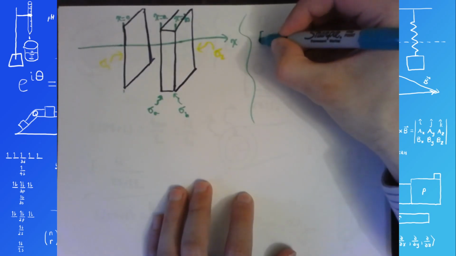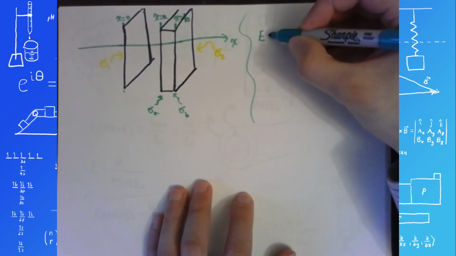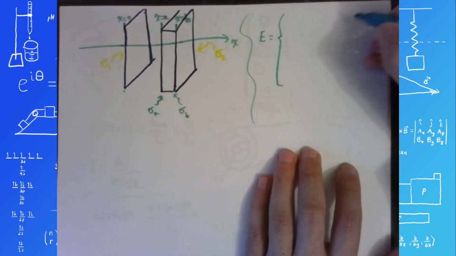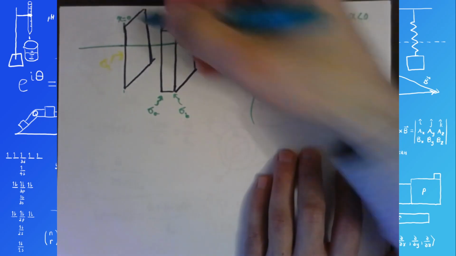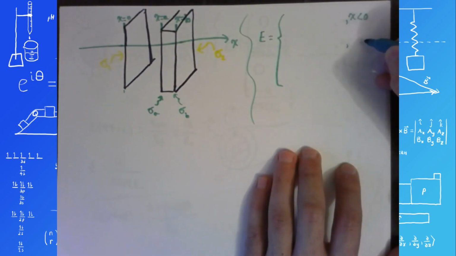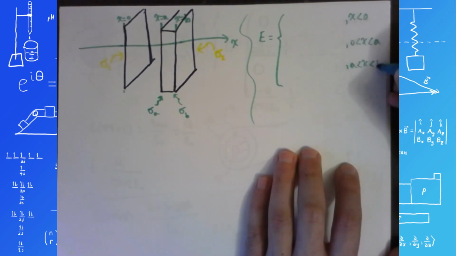So our regions of interest are where x is less than 0, then where x falls between 0 and a, then when x falls between a and b, and finally where x is greater than b.